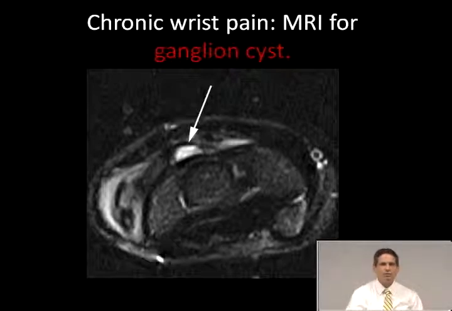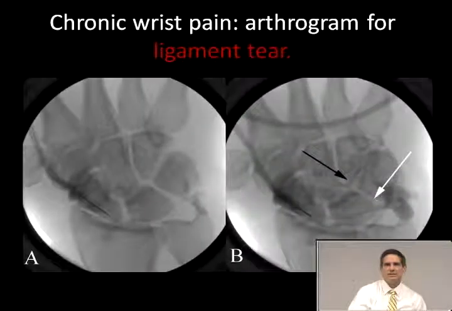Like shoulder rotator cuff tears, the significance of TFC tears and interosseous ligament tears in middle-aged people is questionable. Here's a ligament tear in a 52-year-old man with chronic ulnar-sided wrist pain. You see on the image on the left, early on in the injection, some contrast in the radiocarpal joint.